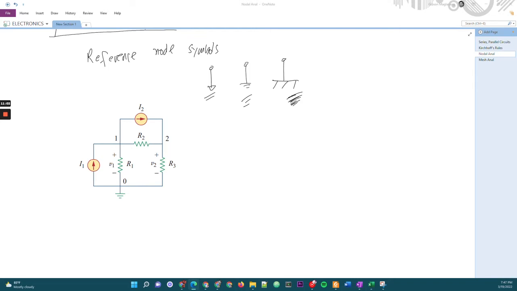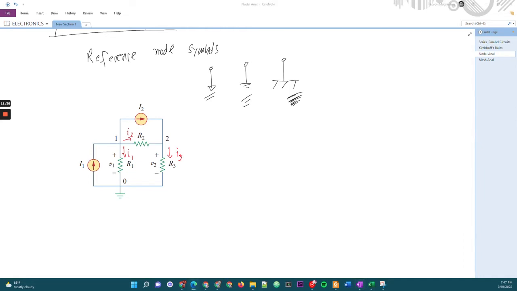For example, in this case, this is your I1, the current that passes here. We will label it as I1. Then we have I2 here, and then here we have I3. Of course, this capital I2 is already given, so let's say it has a value. And capital I1 also has a specific value that is given.